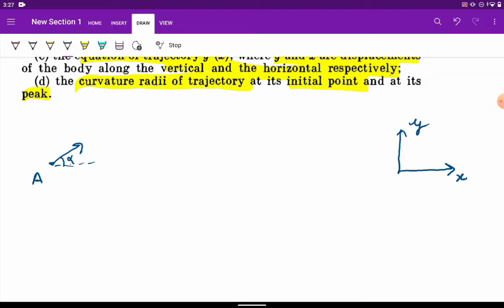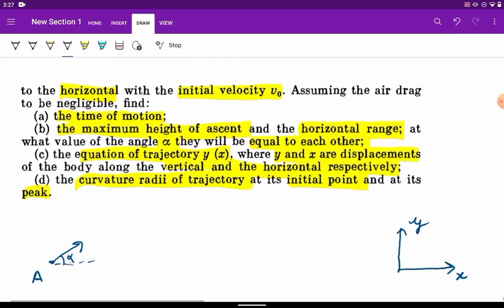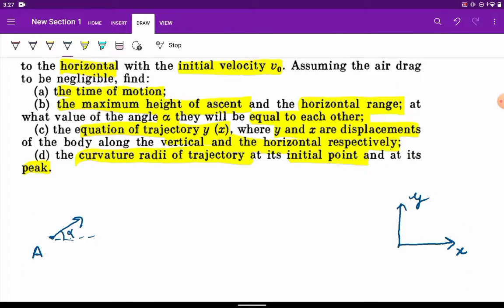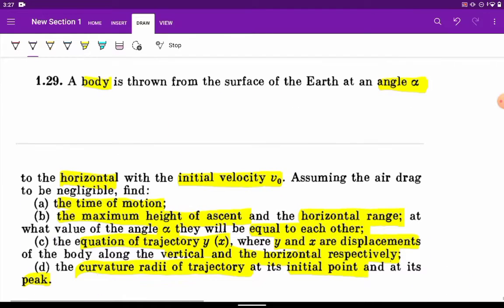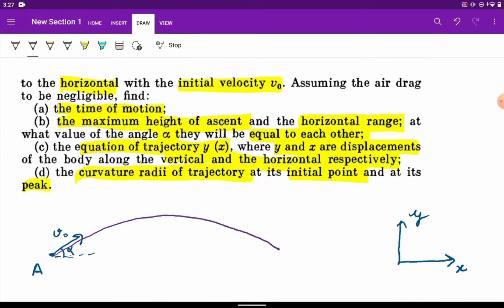All right, so it is thrown at an angle alpha to the horizontal with initial velocity v naught. The trajectory shape will be something like this. The time of motion: since it is thrown from the surface of the earth, let's say this is the surface.